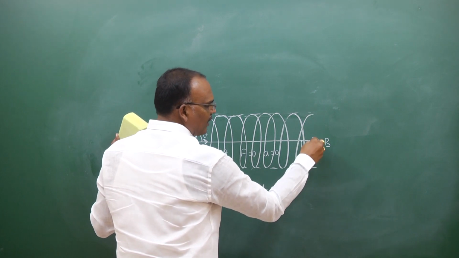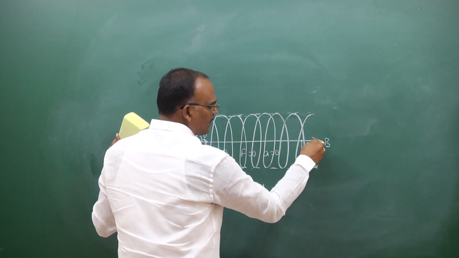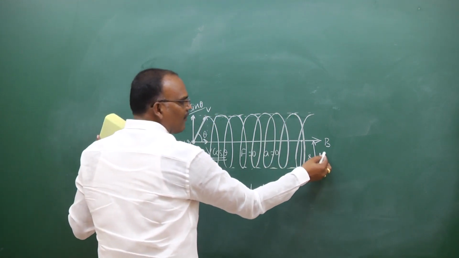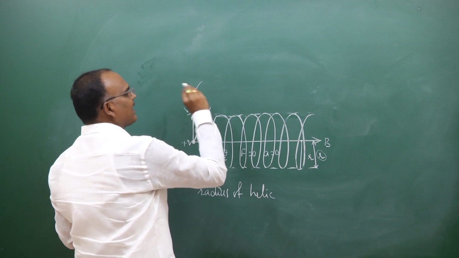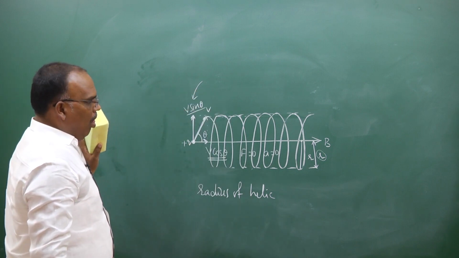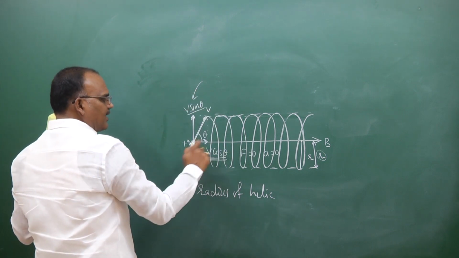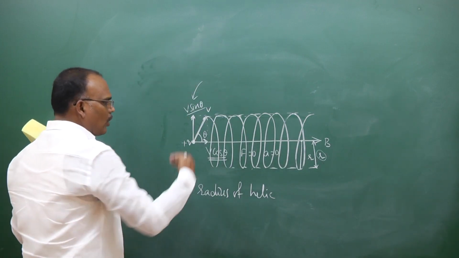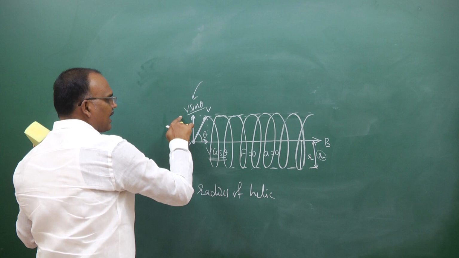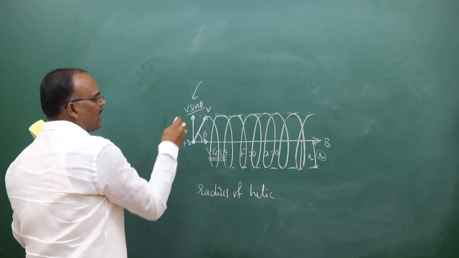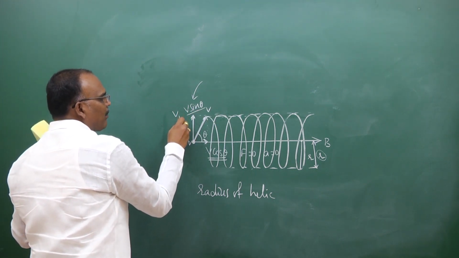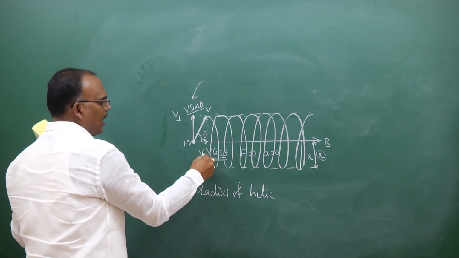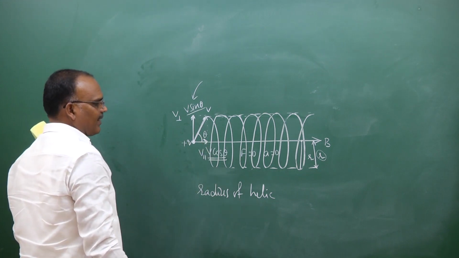Who is responsible for this radius? V sin theta. V cos theta is taking the particle along the horizontal direction. So the radius of the helix is due to V sin theta. This I can even call the perpendicular component of velocity. This is the horizontal or parallel component of velocity.